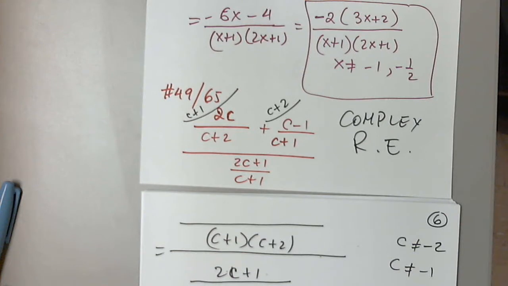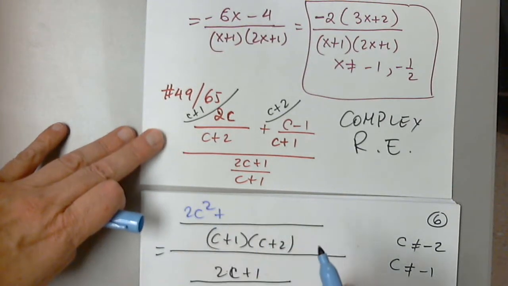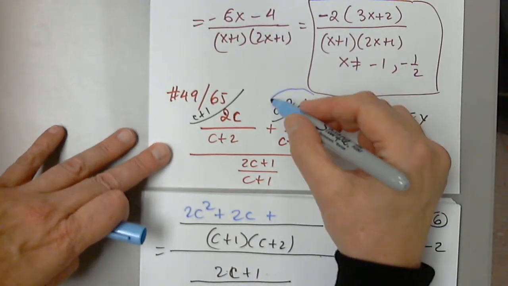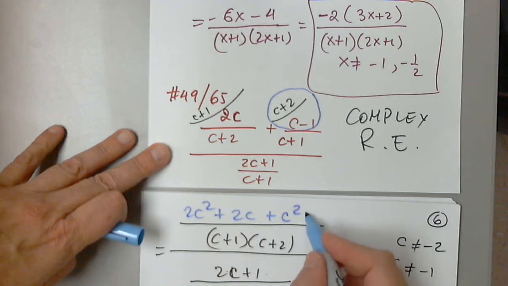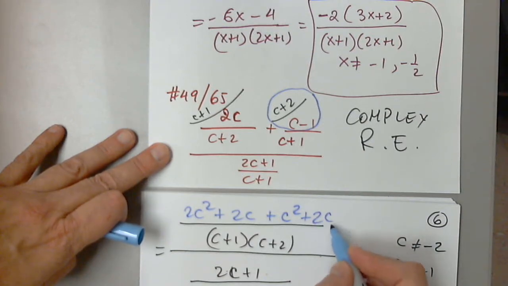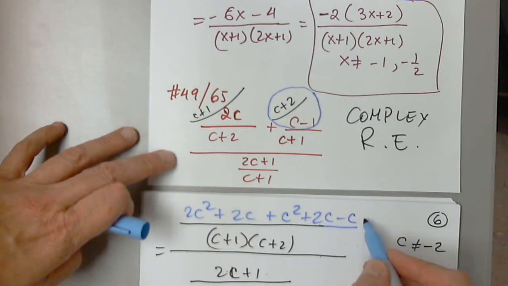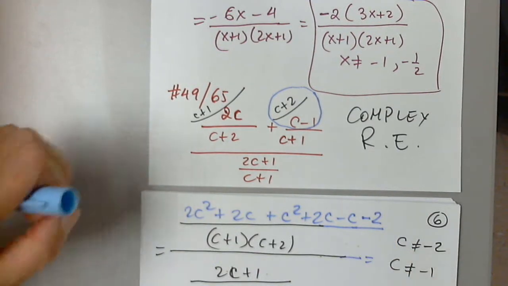Now slowly, can anyone dictate the top? Two c squared plus, excellent, plus, careful here, we are foiling this, c squared plus 2c minus c and minus 2. Very good.